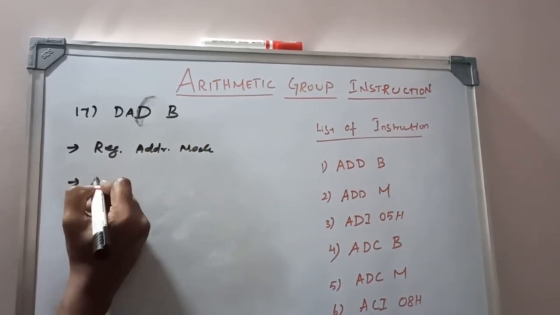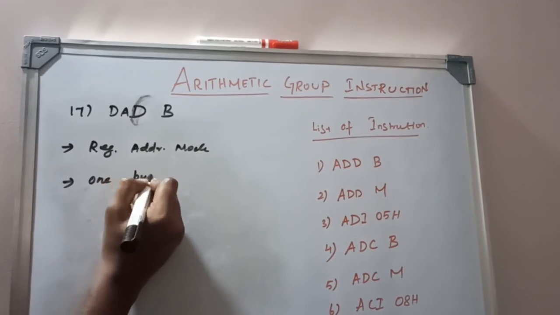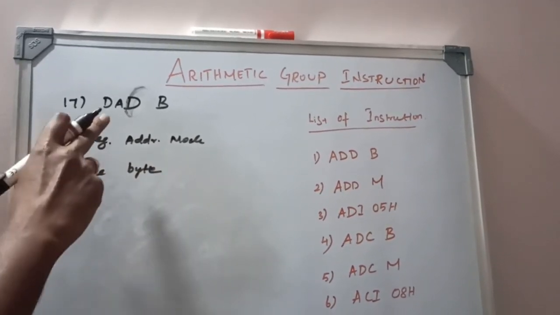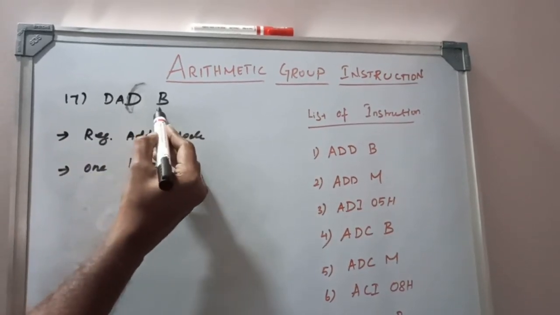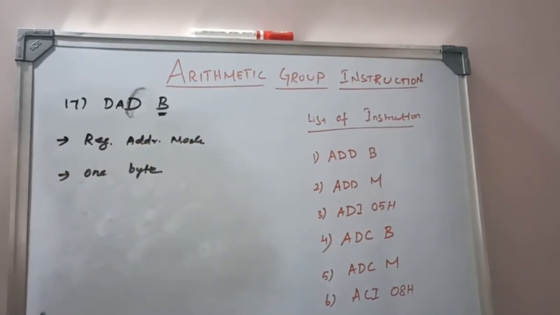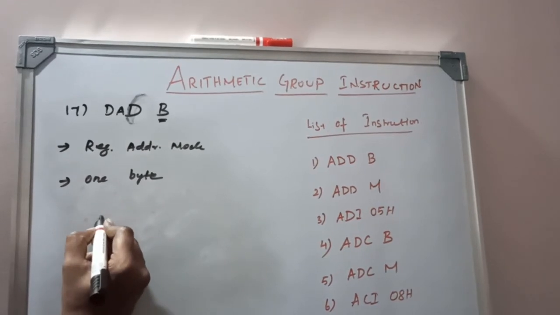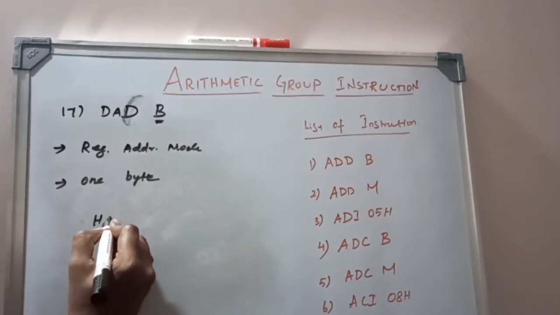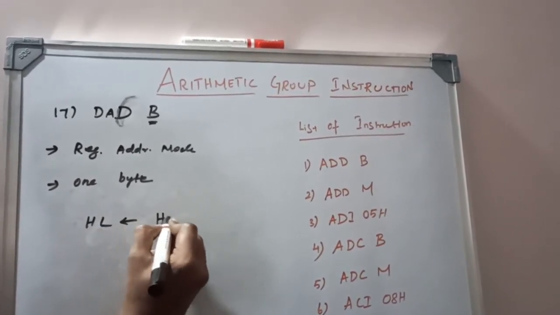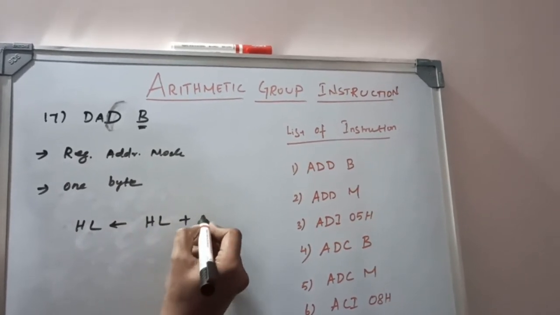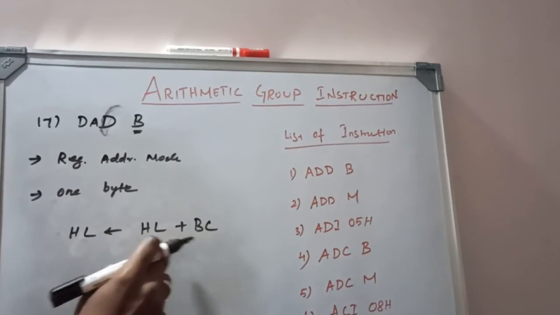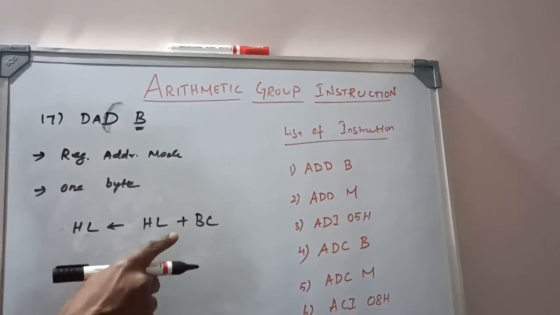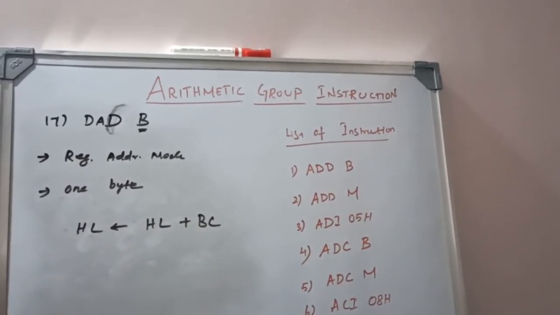Byte of instruction: 1 byte. The instruction represents DAD B, double addition B. This B register is considered as a pair register. Here, considering the HL pair register, we add the HL pair register plus the BC pair register. Adding the two pair register contents, the result is stored in the HL pair register.